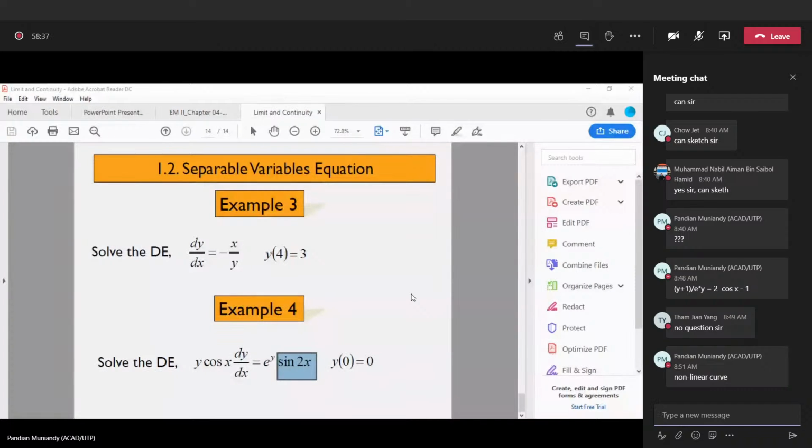So any questions, class, so far? Because this is the last slide for separable. Any questions on separable? You can try other problems just for exercise. We hope this is sufficient for you to try other problems. So any question on this?